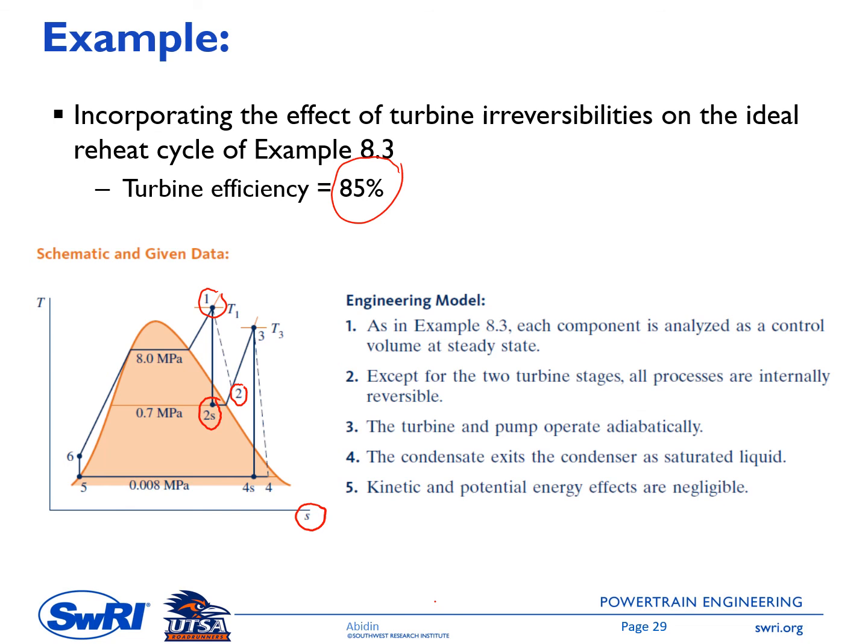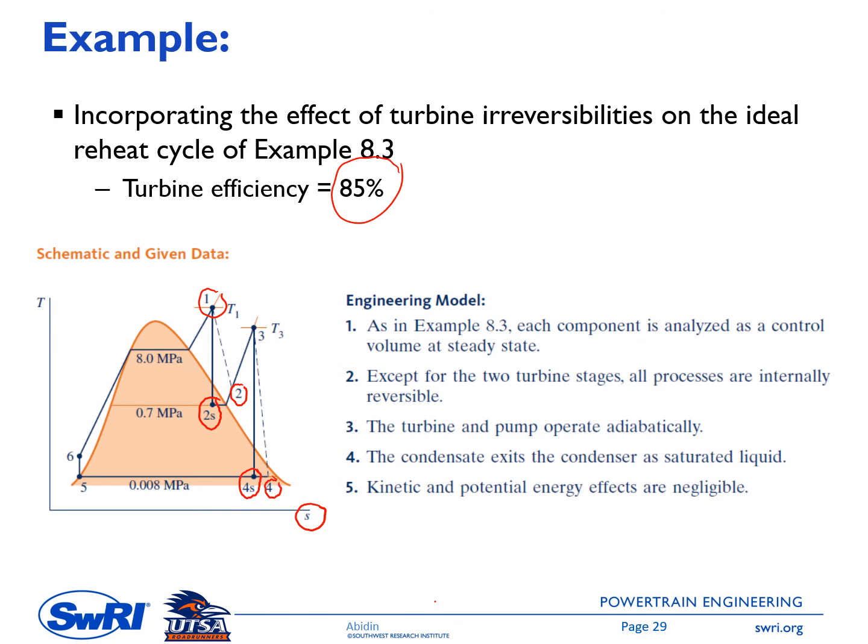Similarly, on the second stage turbine, point 4s is where we have no irreversibility inside the turbine and also no heat transfer. It means that from 3 to 4s, it is an isentropic process. And then there are irreversibilities inside the turbine which make the entropy increase, so we have state 4.